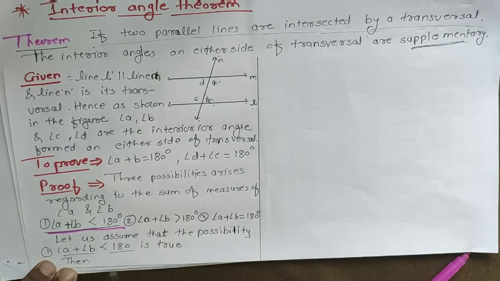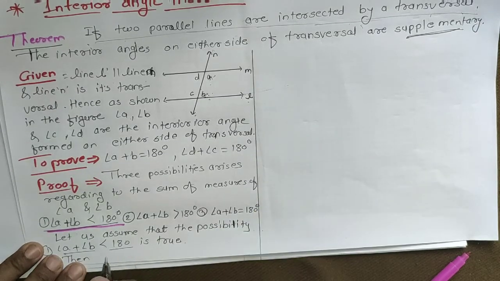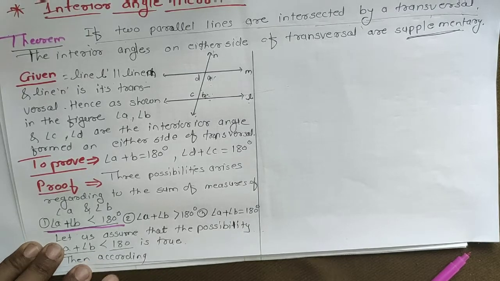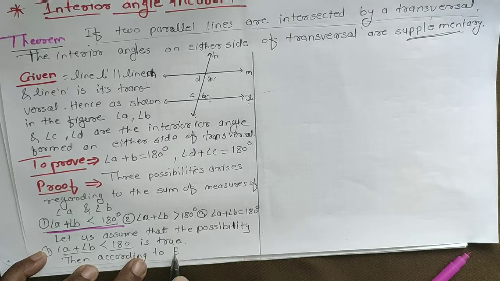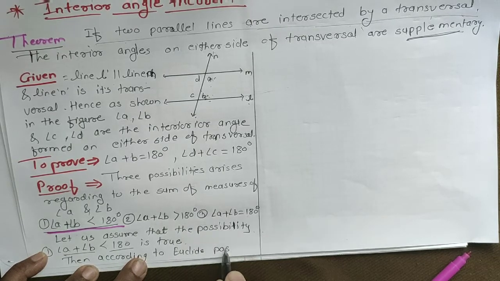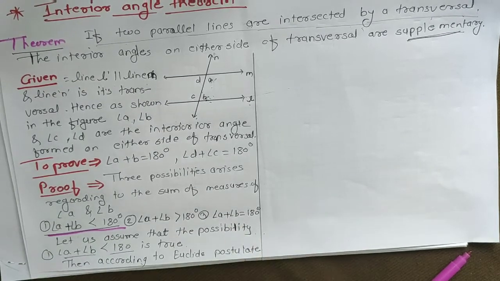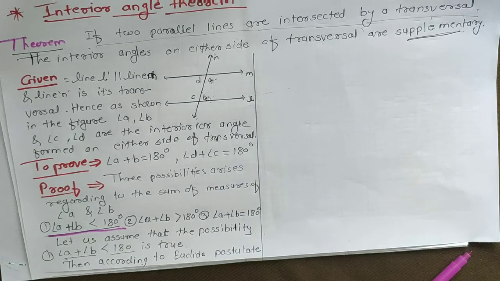Then, according to Euclid's postulate. All of you study that postulate, because the fifth postulate is there on page number 9. Euclid's photo is there, and beside it this postulate is written.